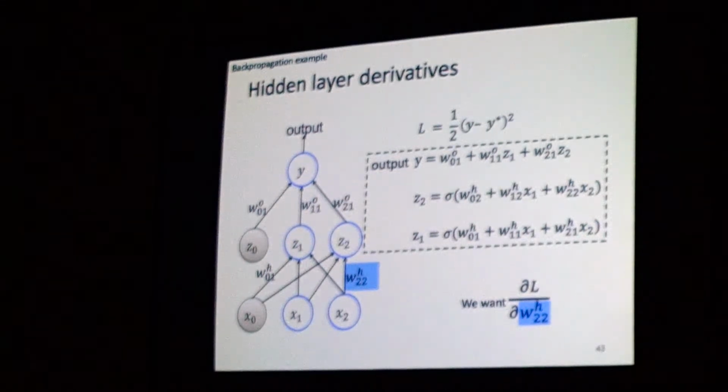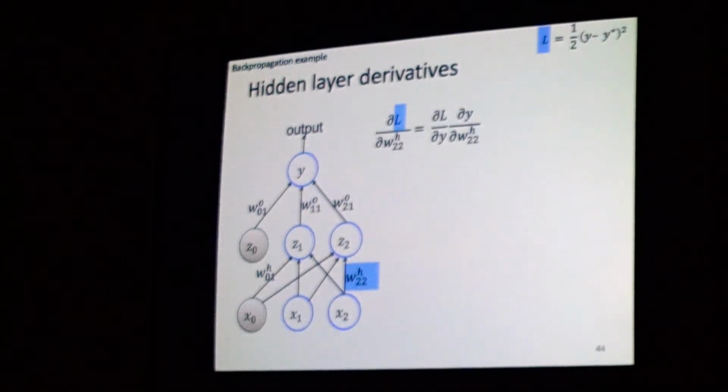Now let us try to apply the chain rule. We just stick to the original definition, and then we'll look for some trick to save the computation. To compute partial L over partial W22H, again apply the chain rule: partial L over partial Y, because L is directly dependent on Y, and then partial Y over partial W22H.